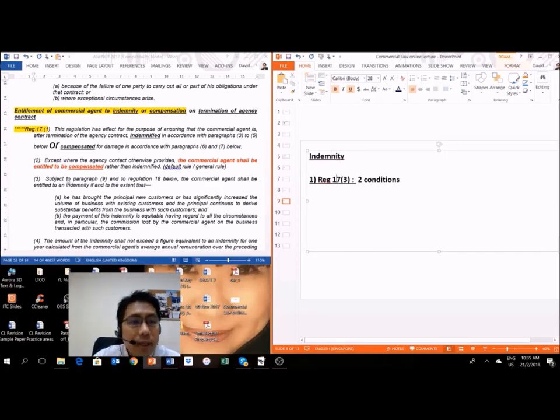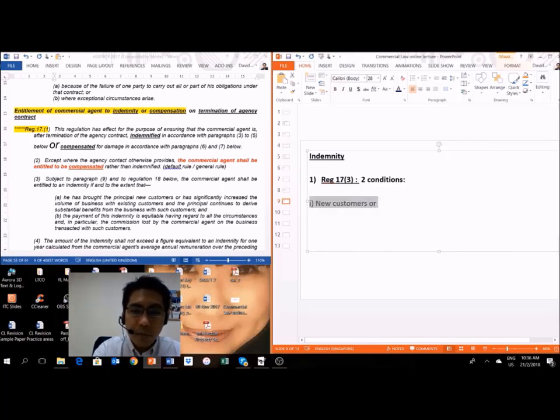These are the 2 conditions you see here, where firstly, the agent has brought to the principal new customers, or has significantly increased the volume of business with customers. So you need to satisfy either one. Number 1, there were new customers brought to the principal, or number 2, there is increased business.